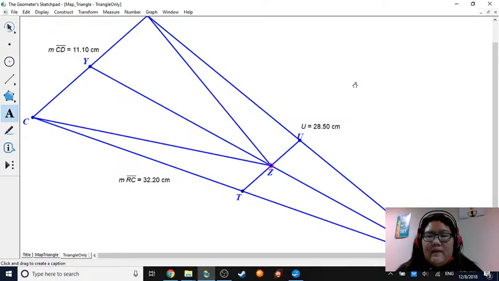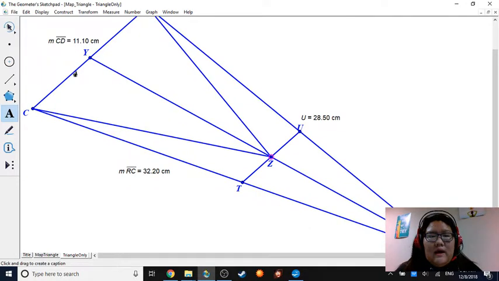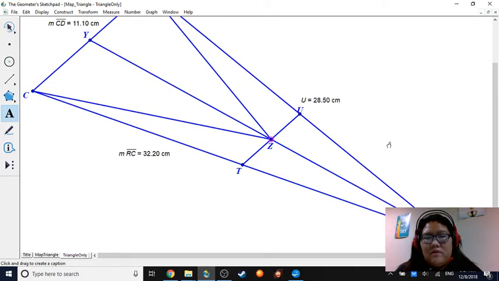So how I did it was I did the midpoint for each highway, and then I created an intersection. What I did was I did the smallest angle to the smallest length.